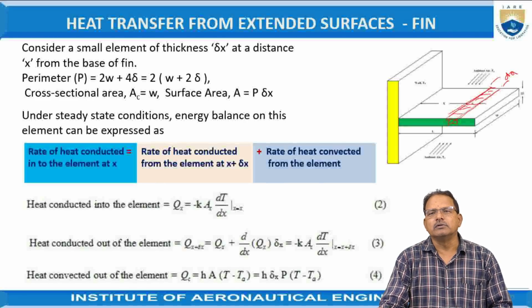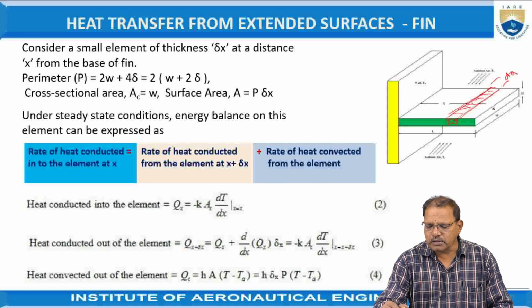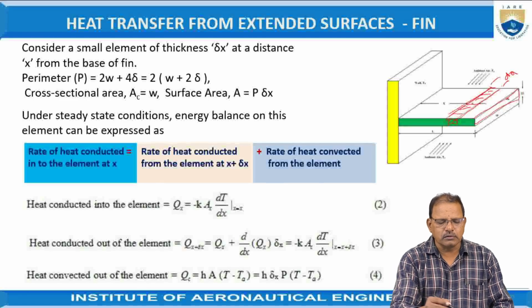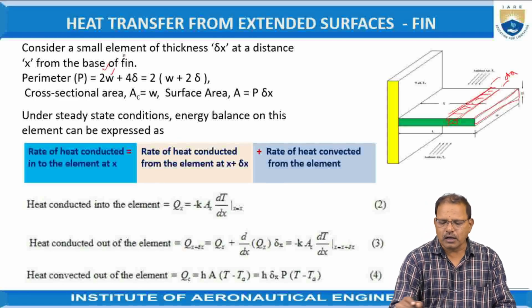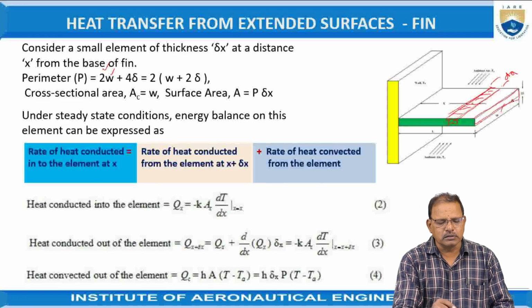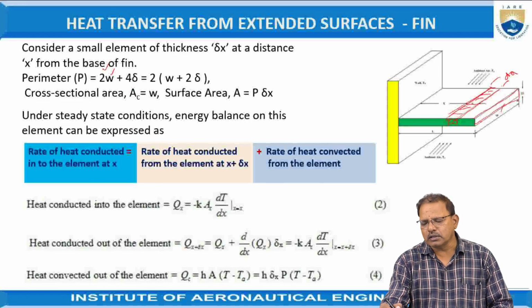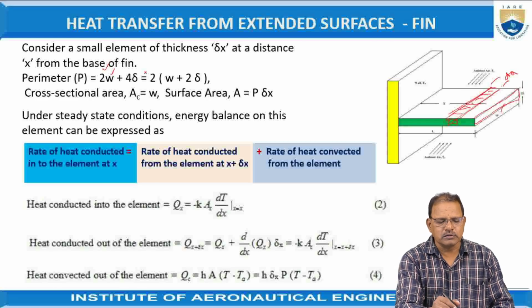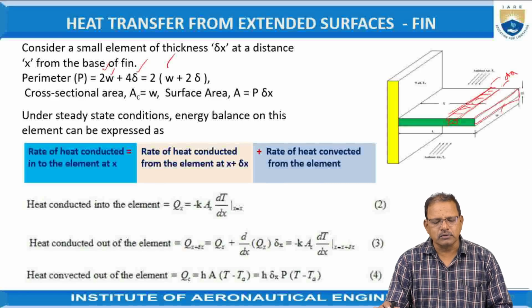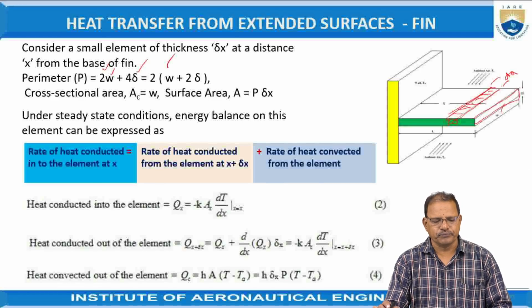The perimeter of the surface is equal to 2 into W, where W is the width, taken twice, and 4 into delta, since 2 delta is the thickness. Taking 2 as common, we can write it as 2 into W plus 2 delta.